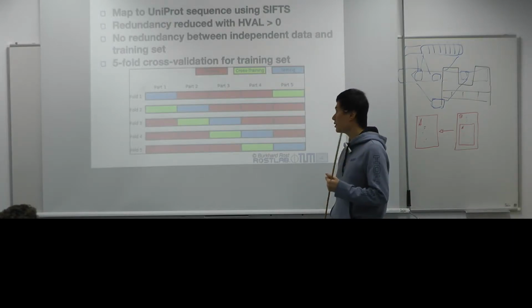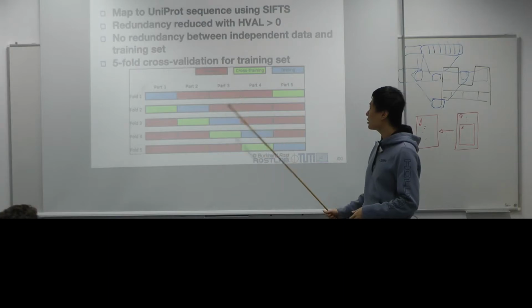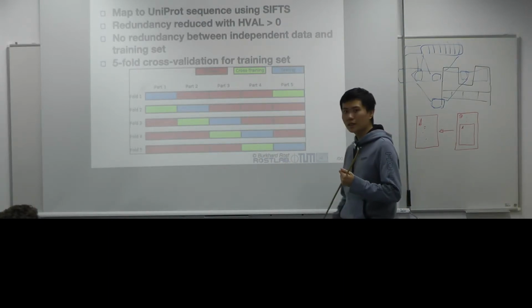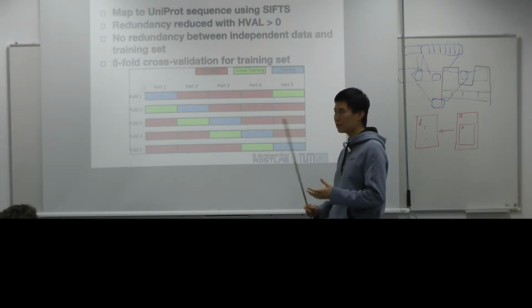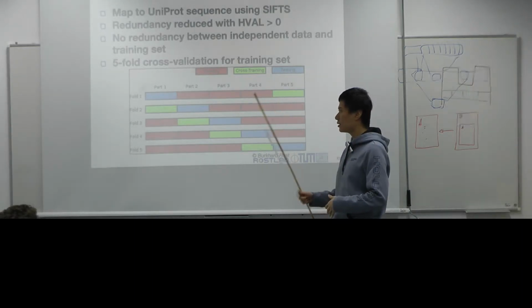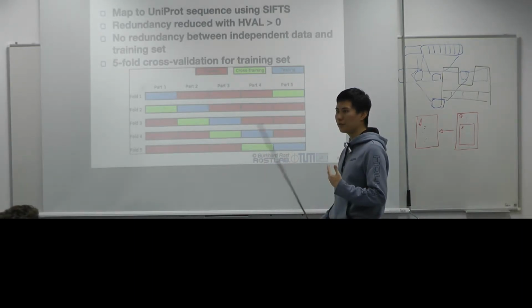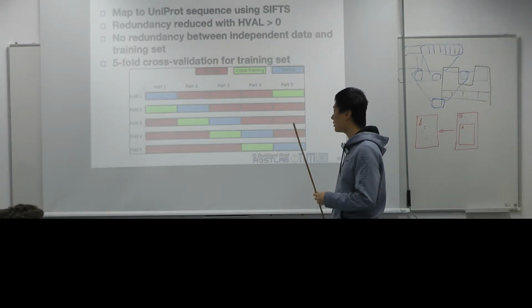Here's some pre-processing for the dataset before I train the model. First I map the DNA sequence onto the UniProt sequence with SIFTS. And then I remove the redundancy with a threshold, and I also need to keep no redundancy between my training set and the independent set, because I don't want to overestimate the performance of my method.